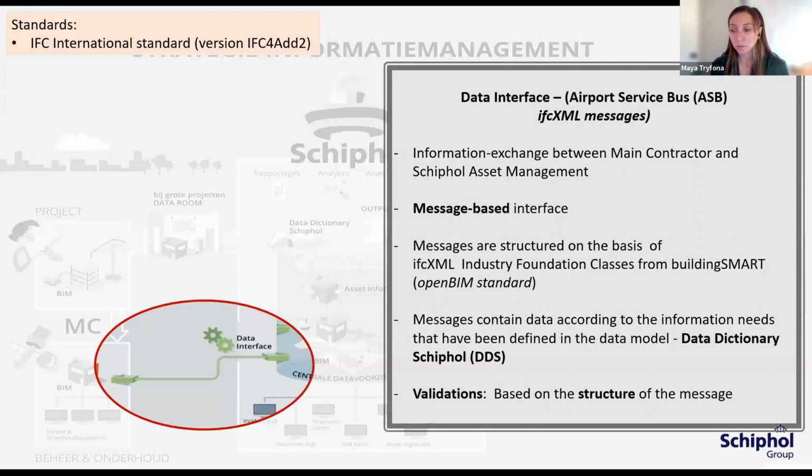From there, the different systems can get the data they need, and the data arrives in an XML form, which follows the IFC4 Add2 version of the IFC open international standard. The reason for that is to not reinvent the wheel and to use existing standards within our workflow.